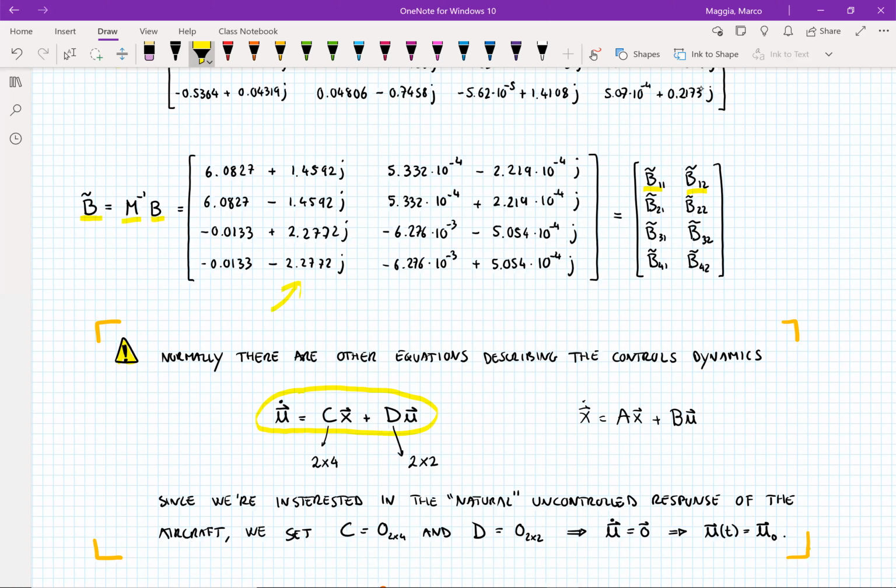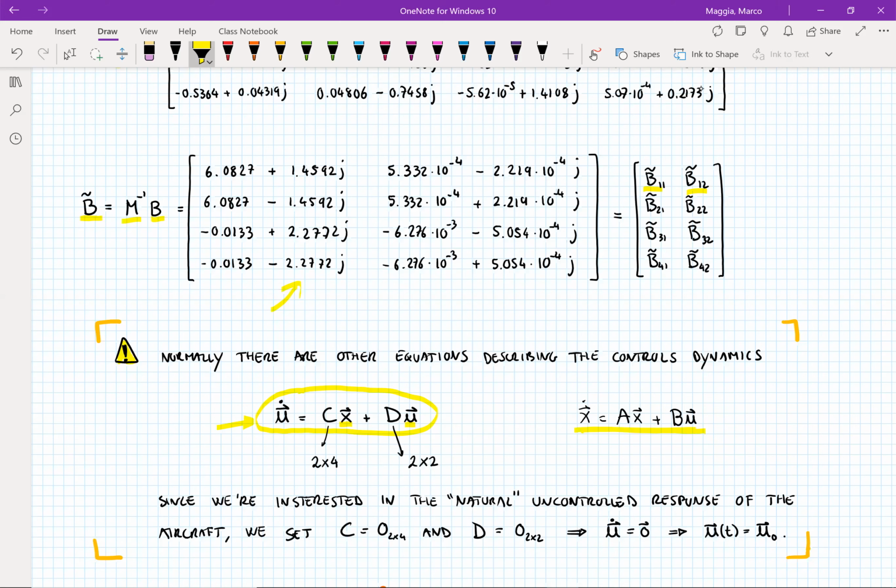So its own dynamics. And that is usually described by another linear system, which is dependent on the state and on the control itself. So you'll find if you study later on just the controls, then you're going to be given the first system with the x dot and also the control system, because that's what you want to design in order to keep the aircraft or any machine at a certain state.